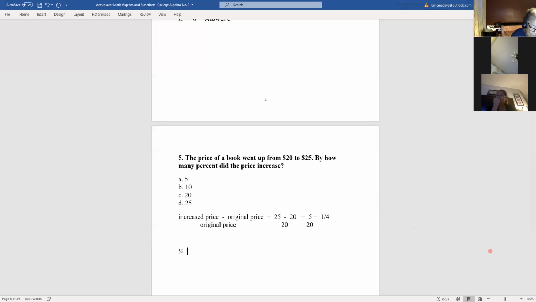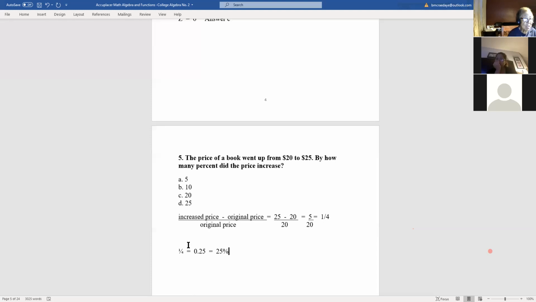Just think of a dollar. 25 cents is 1/4 of a dollar, right? That's equal to 0.25. And if you multiply that by 100 or shift your decimal point 2 places to the right, you get what?